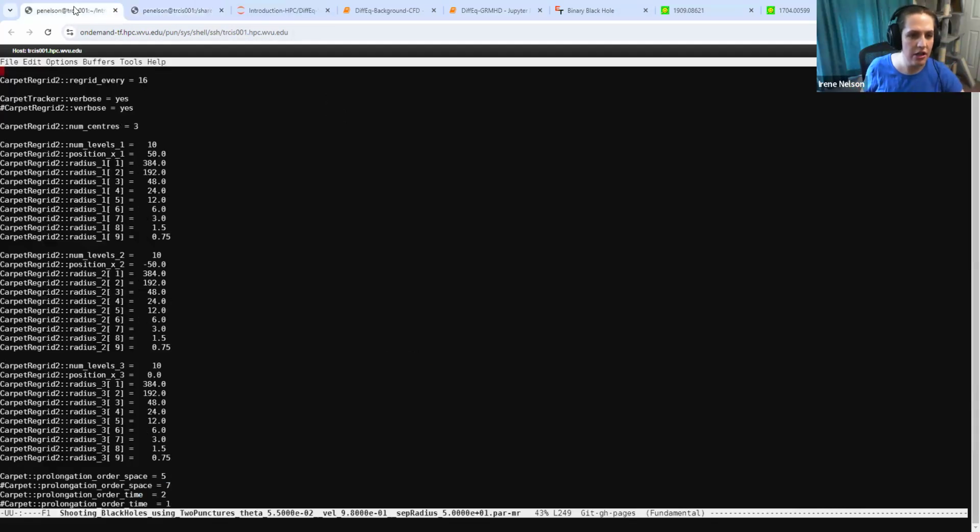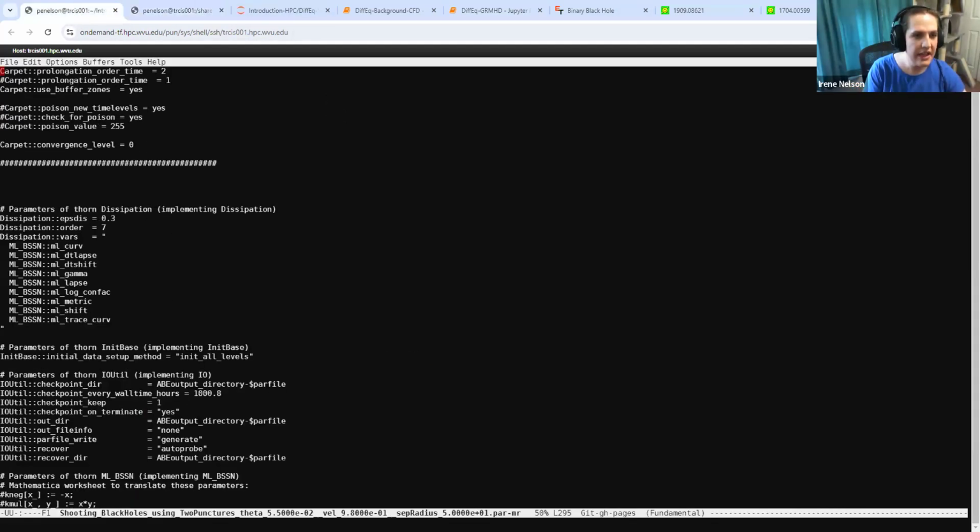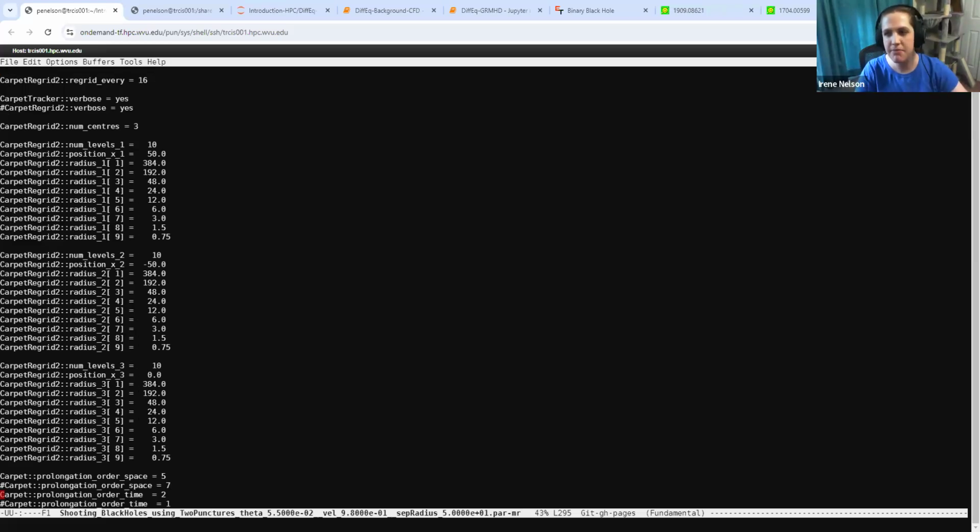And then there are thorns that manage the interpolation between those grids, transferring data from the finest to the coarser grids. So during a time step, you first work on the finest grid, then interpolate data outwards to the next coarser grid, and then do the evolution there, and so on and so forth.